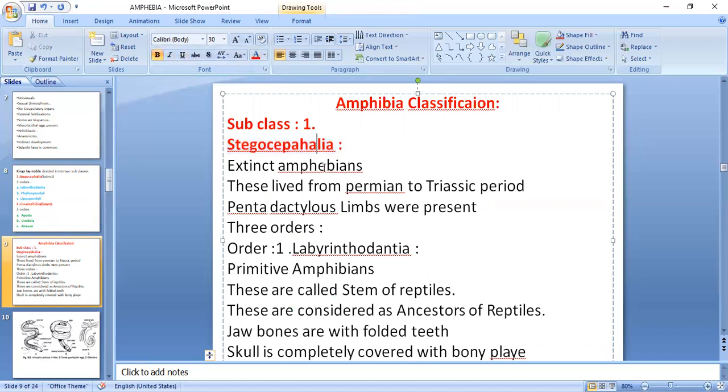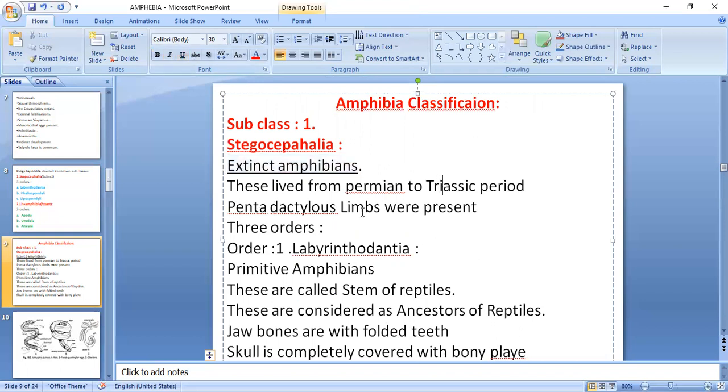These are extinct amphibians. Generally, wherever I stress, that is important. You try to remember that, and the remaining you just listen and understand. That's all. These are all extinct amphibians. You remember this part.